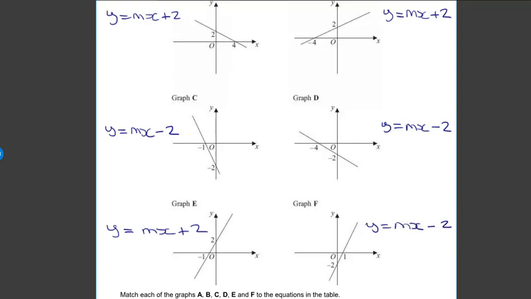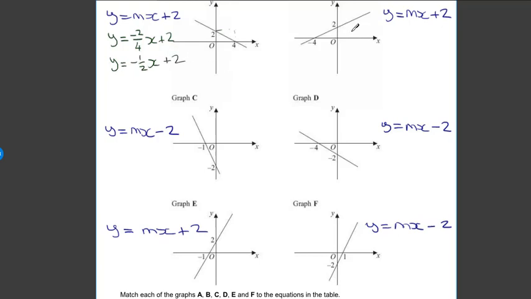Second thing. What's the gradient? Well, to go from here to here, we go across 4 and we go down 2. So we know y equals minus a half x plus 2.